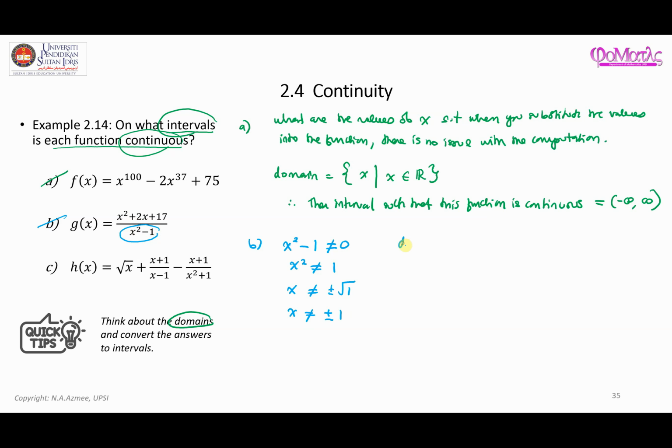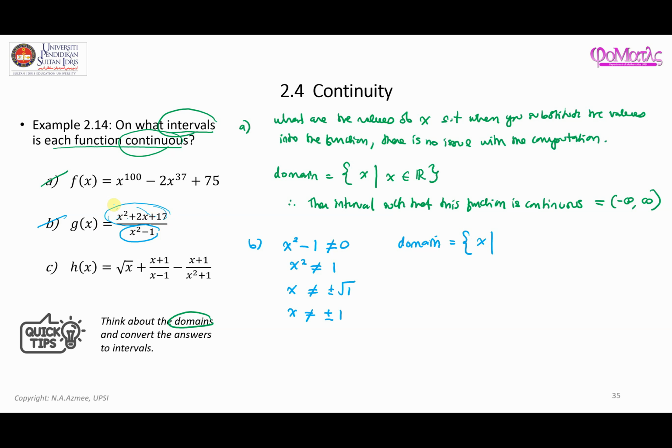Let me just explain this part. If you look at the numerator, there is no issue. It is just a polynomial function, and any value of x is okay.